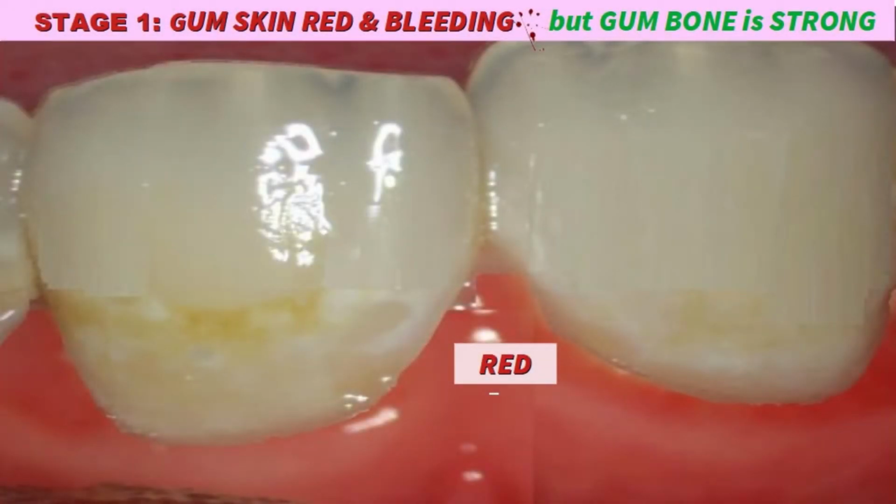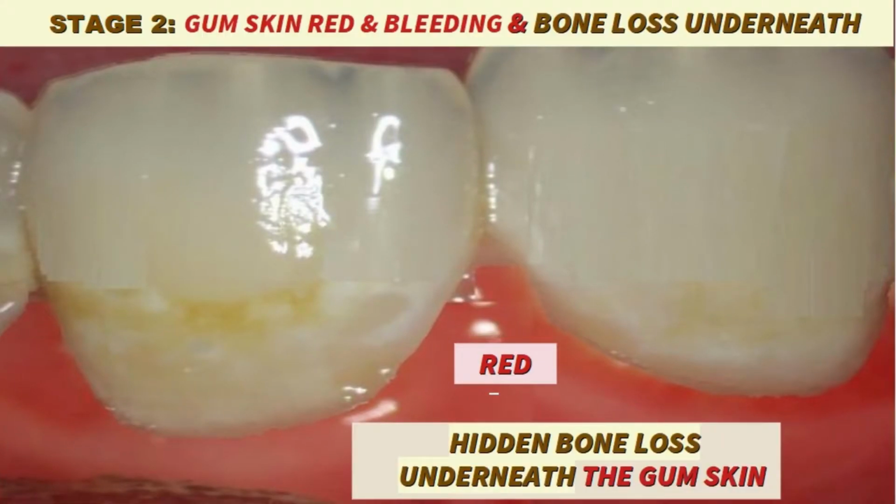So when you look in your mouth, it goes from stage 1 of gums bleeding, like this, to stage 2 of gums bleeding and the bone loss underneath the gum. But this is hidden, the bone loss. So when you look in your mouth in stage 2, it looks just the same as stage 1.